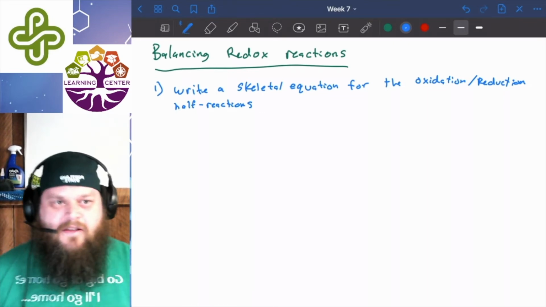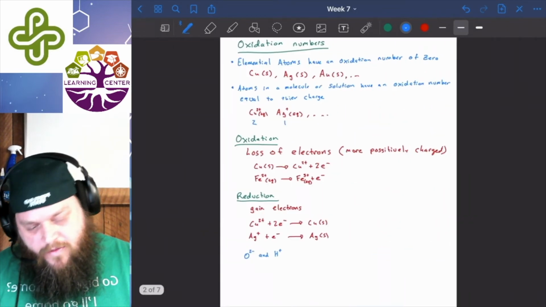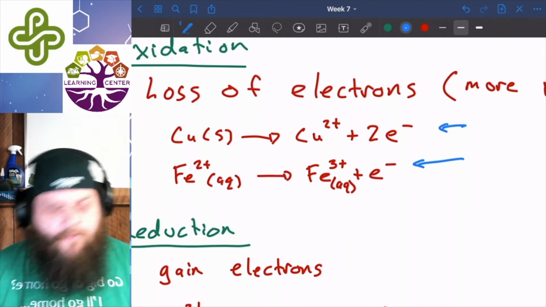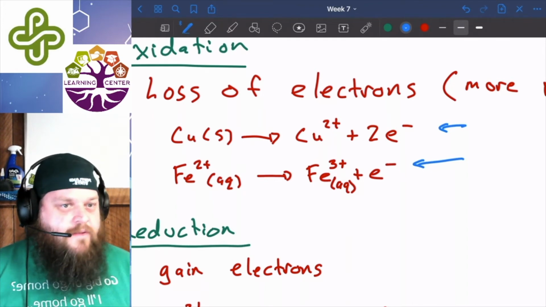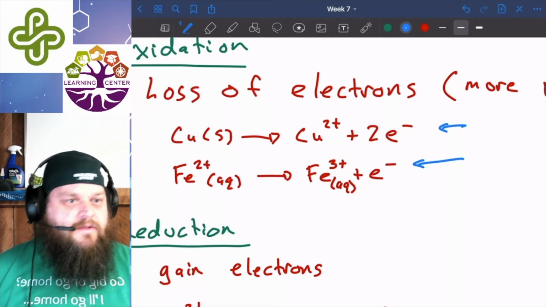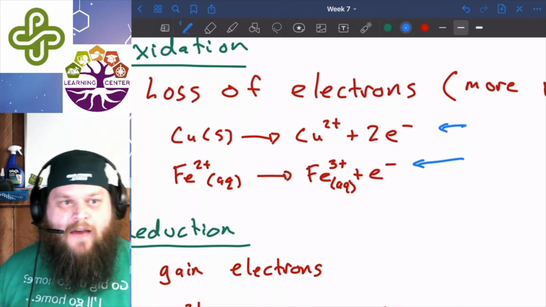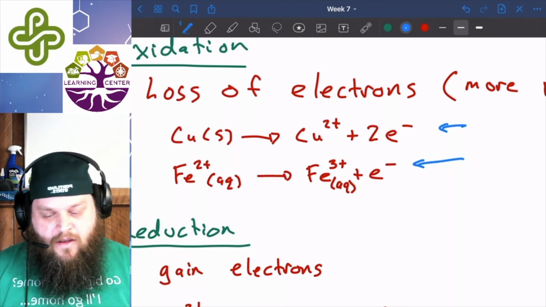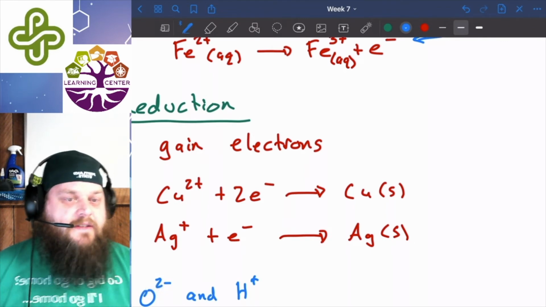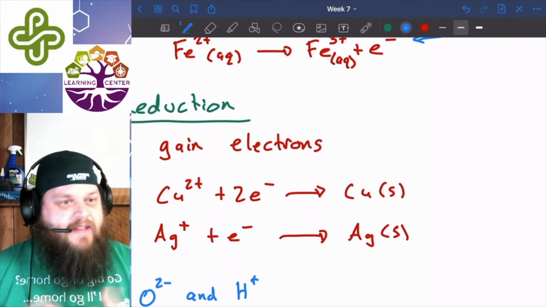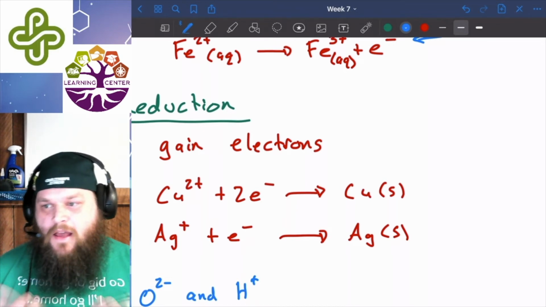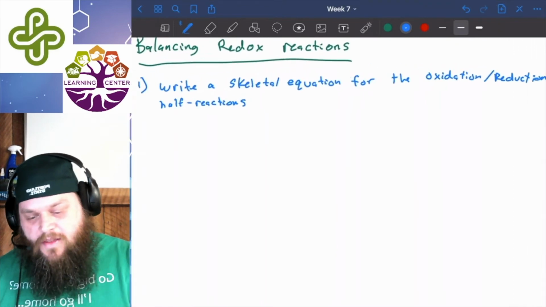This looks like what I did on the previous page. These are examples of those half reactions. We're not looking at the full reaction of things. We're just looking at how copper changes. It goes from a solid, in this case, to a +2, and it produces 2 electrons. That's the half reaction of that oxidation. Similarly, when we add electrons to the silver, it's getting those electrons. It's a reduction reaction. So those are the type of half reactions that we would add at that first stage of the balancing.